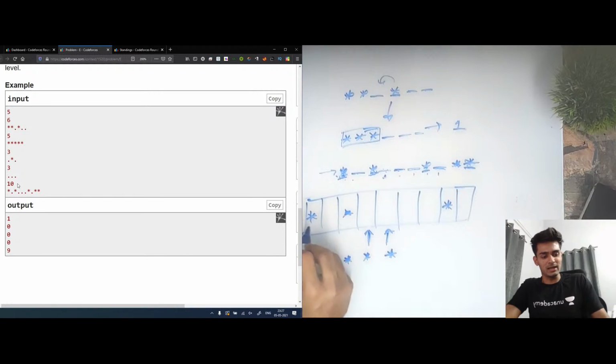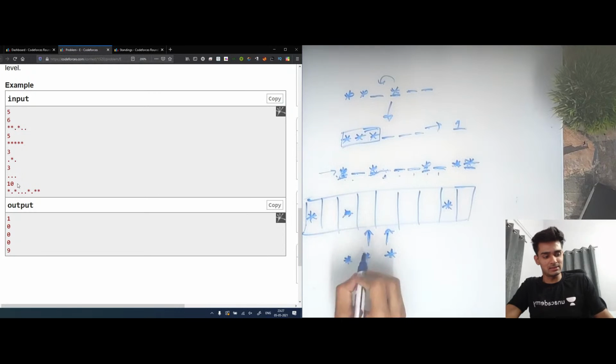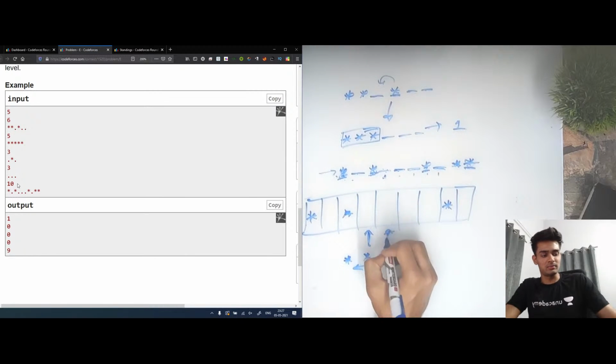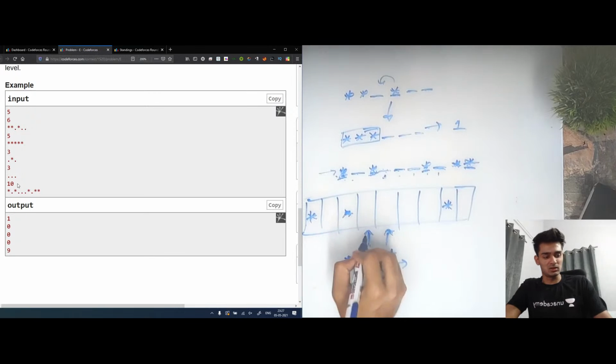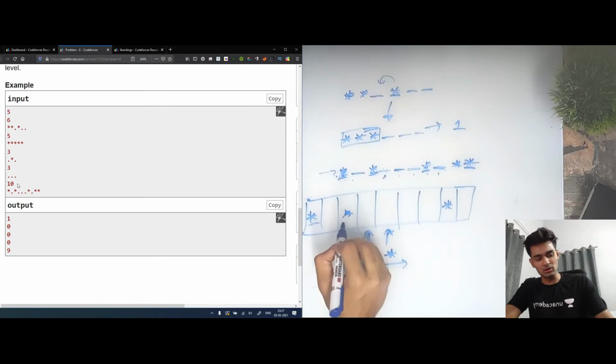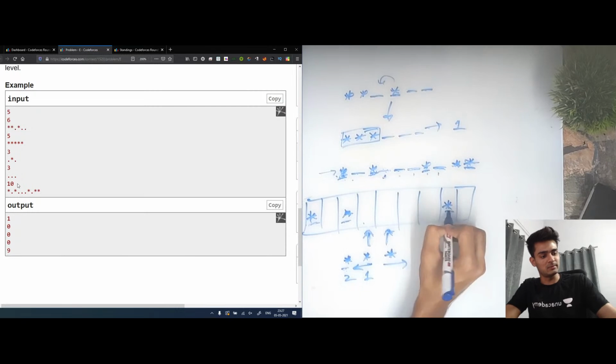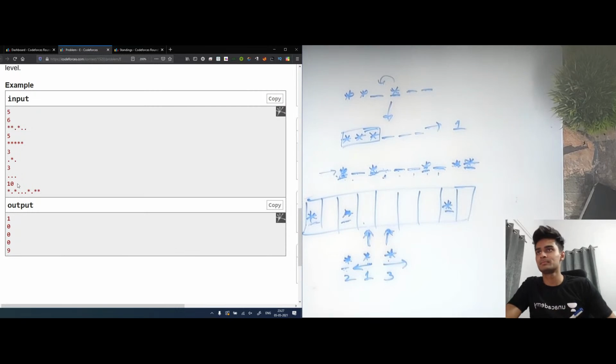I have two sheep, so I place both of them in the left direction from this index, and I place all the sheep that are in the right direction from this index. Now let's see the cost. The cost for this particular sheep to reach this index is 2. The cost for this sheep to reach this index is 1. And the cost for this sheep to reach this index is 3.